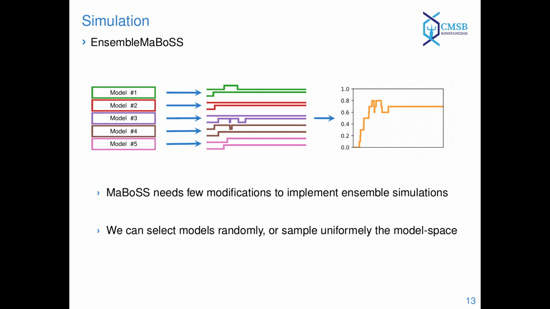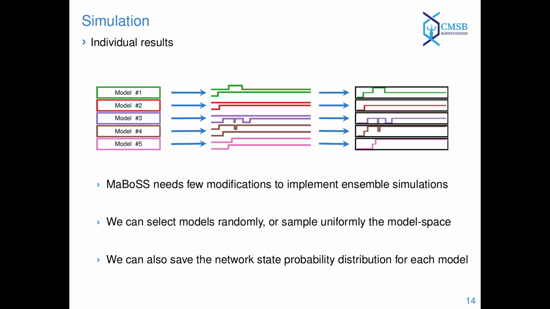When we choose the models, we can do it stochastically, but we can also sample uniformly the model space of the ensemble. Another thing we can do is save individual results for each and every model of the ensemble. This allows us to study the composition of the ensemble and to compare different models within the ensemble.